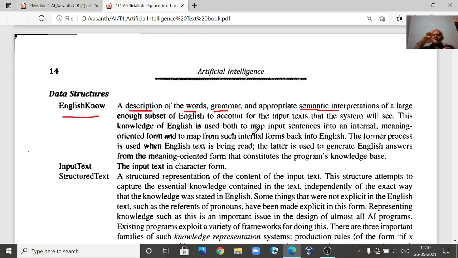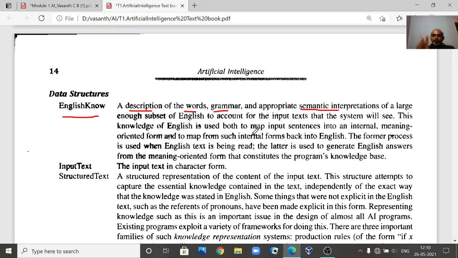Based on the domain, what type of paragraph, you try to have some words, some grammars, appropriate semantic representation. You keep all these things and build a knowledge of English, so that your entire sentence is converted into that particular representation.